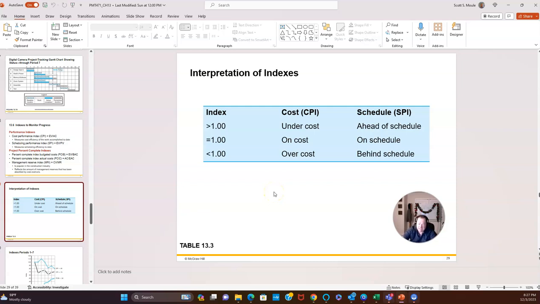So CPI and SPI are often included in project status reports so that individuals can quickly look at these two numbers.